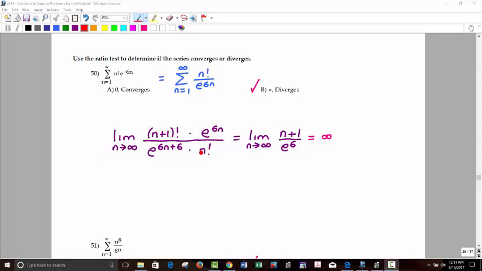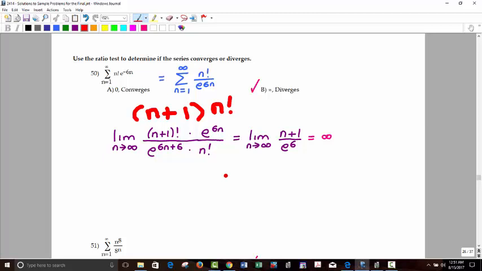N plus 1 factorial over n factorial just simplifies into n plus 1. We've seen this plenty of times before, but that's just because n plus 1 factorial is the same as saying n plus 1 times n factorial.